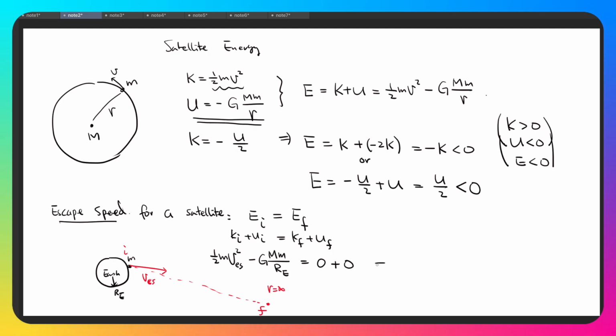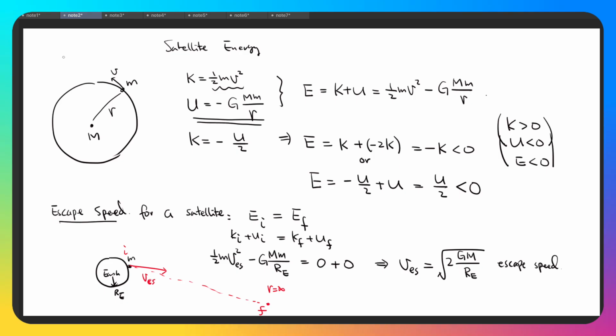So let's figure out what this VES is. So V escape speed equals, so there's a factor 1/2 here. We need to multiply 2 on this side. So we get the square root of 2GM over RE. So that's called the escape speed.